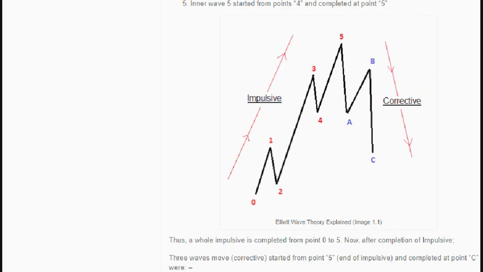So this goes by the basic definition of an uptrend, which is higher highs and higher lows. On this chart, there's your first high and there's your first low. There's a higher high and a higher low. So this high is higher than that high, and that low is higher than that low. Then you have a higher high there, which is higher than this one.